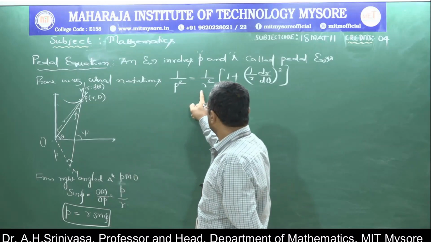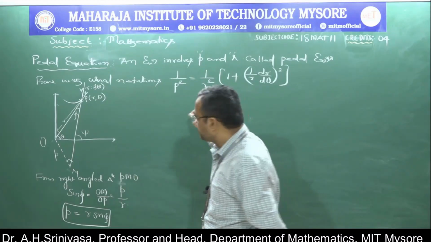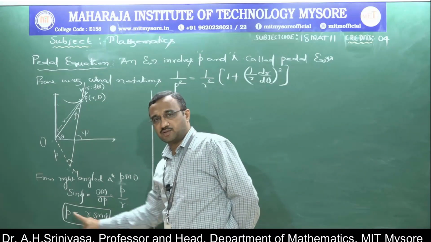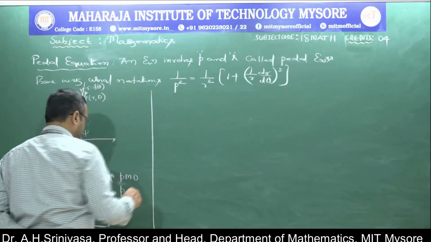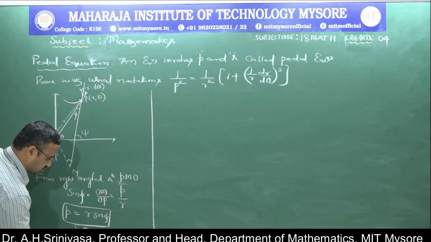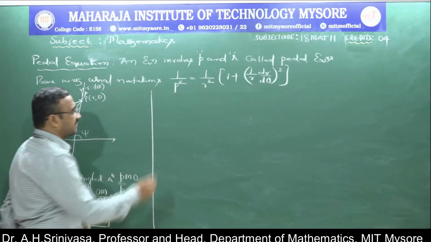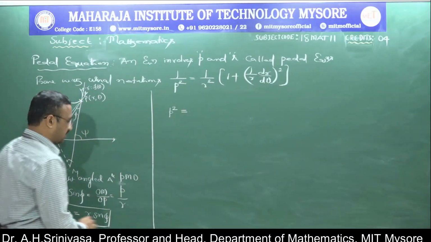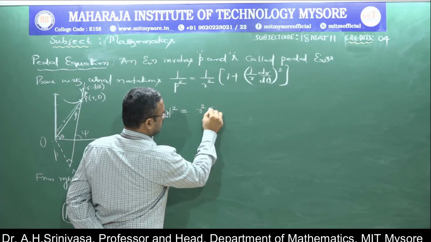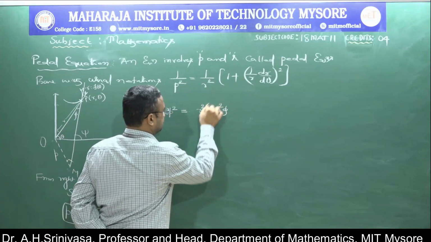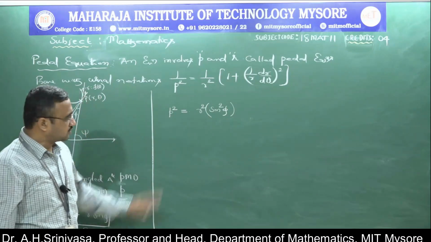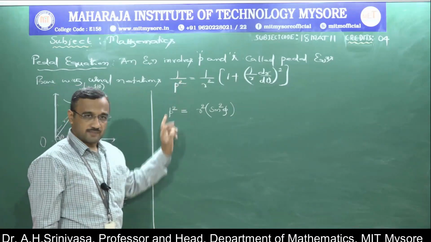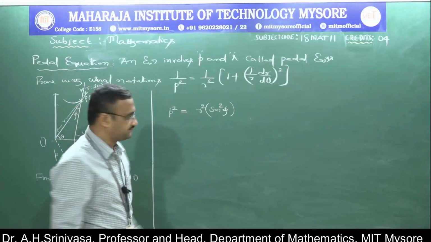So now I am going to prove this one. Squaring on both sides, what we get here is p square equal to r square sine square phi. Then I want 1 by p, so take the reciprocal of this function.